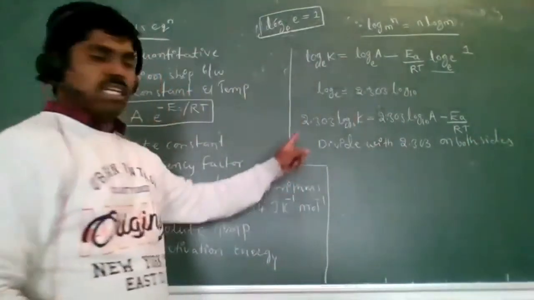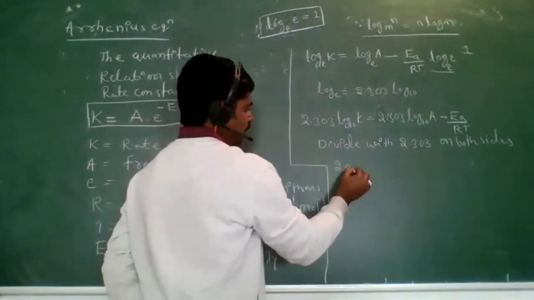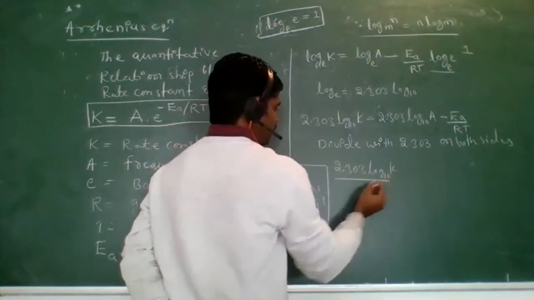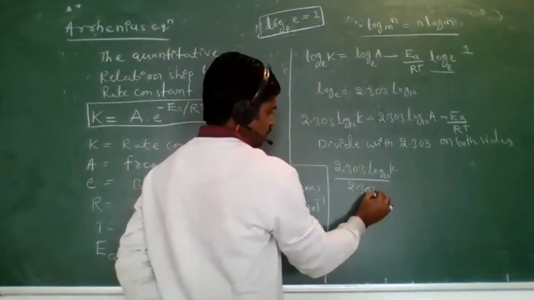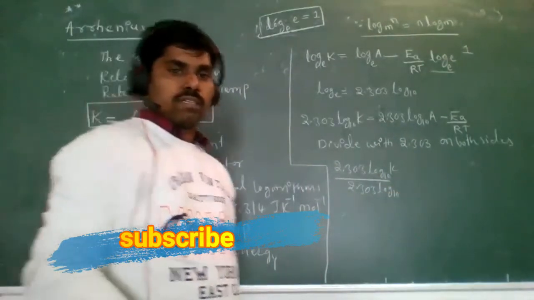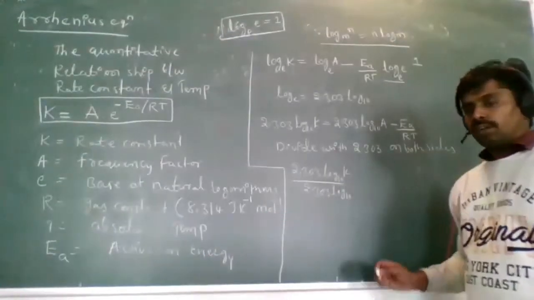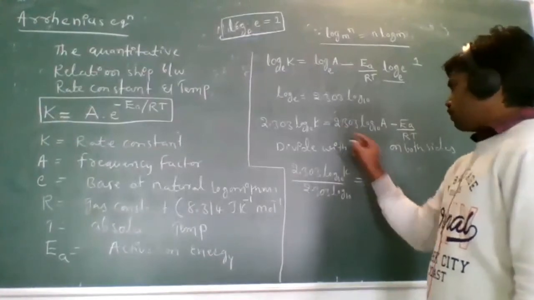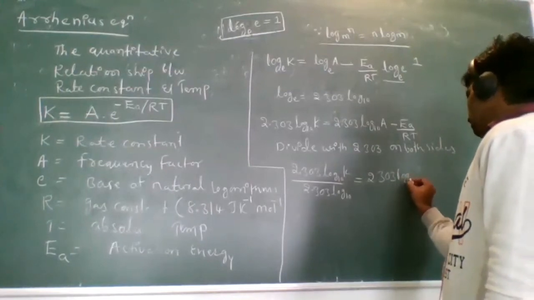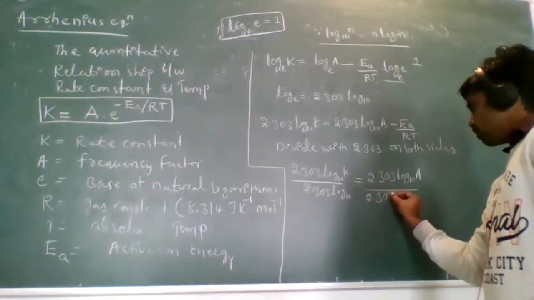Okay, clear? Right. See here. Next point. What is going on here? 2.303 log base 10 k by 2.303. Clear? Understood? Right. Next one here, see. Equal to this: 2.303 log base 10 A by 2.303.